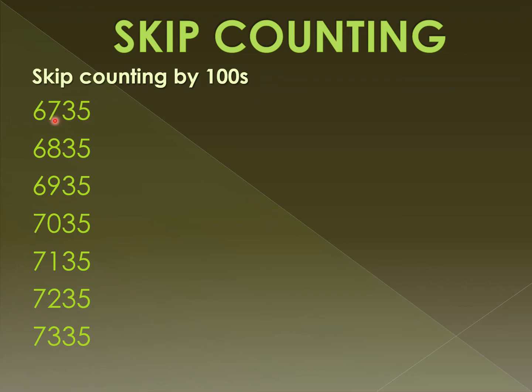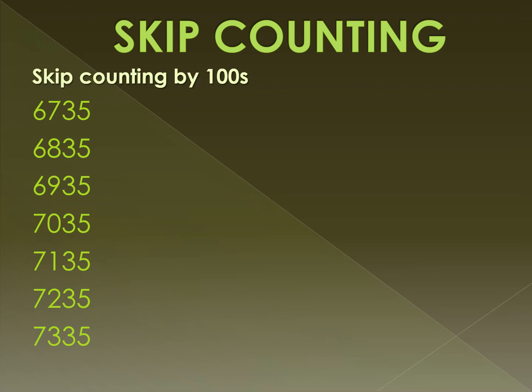So we increase the hundreds place digit by 1 each time. 6,735, 6,835, 6,935, 7,035, 7,135, 7,235, 7,335. So this is how we do skip counting by hundreds.